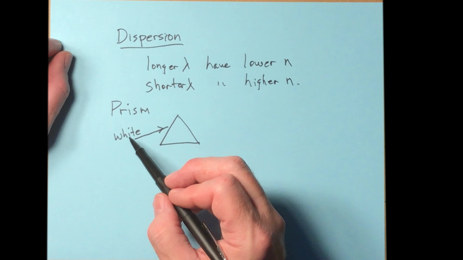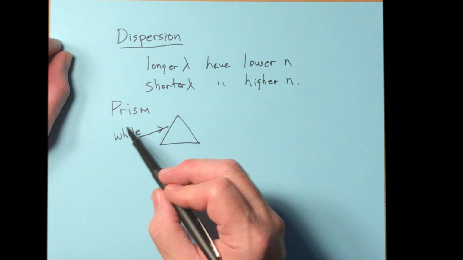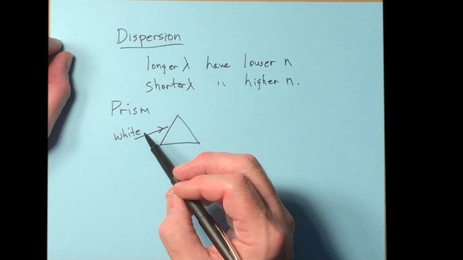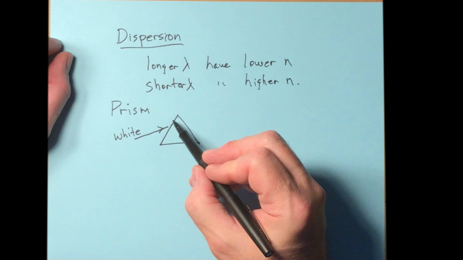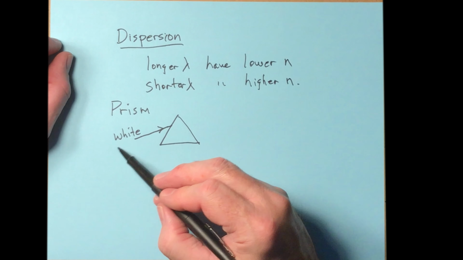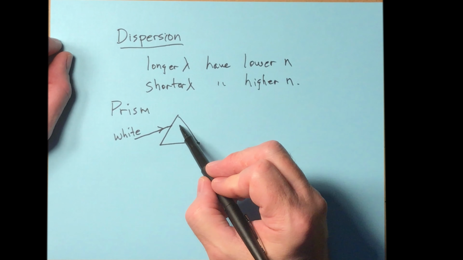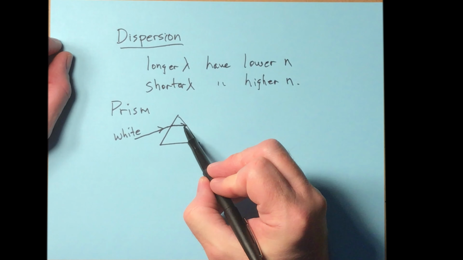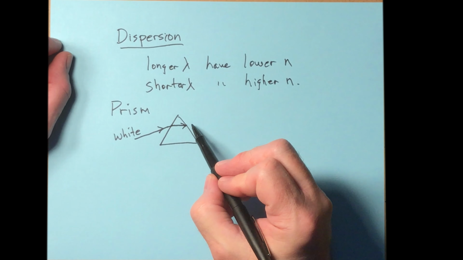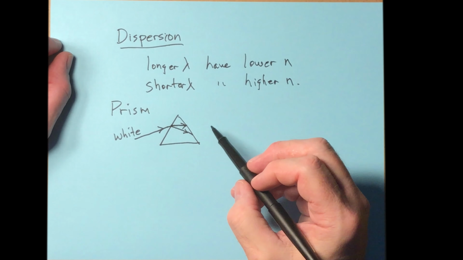So white light consists of all the red, orange, yellow, green, blue, indigo, violet, all the Roy G. Biv colors there. And when that strikes the prism, you have different wavelengths, since white light contains all of the visible wavelengths. The different wavelengths will refract differently. So maybe you get that one for red light because it's refracted less, and maybe this one for blue light because it's refracted more.